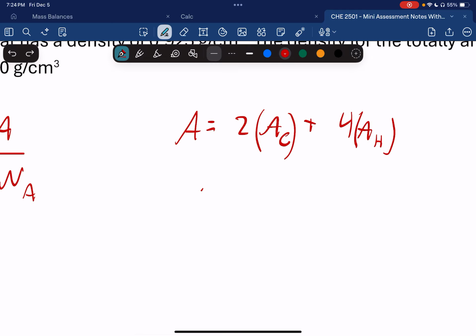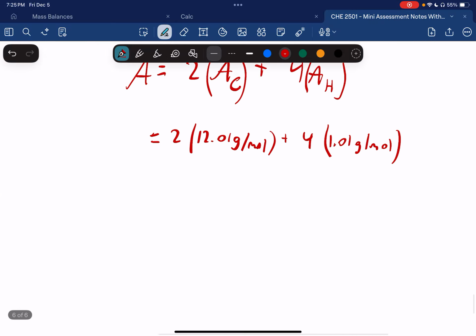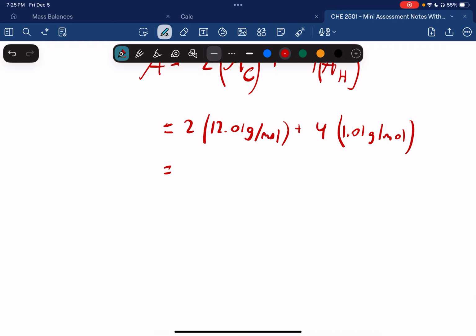So let's give these atomic weights. We can simplify this: 12.01 grams per mole, the atomic weight of carbon, plus 4 times 1.01 grams per mole, the atomic weight of hydrogen, pretty simple. This comes out to 28.05 grams per mole. So now we have A.